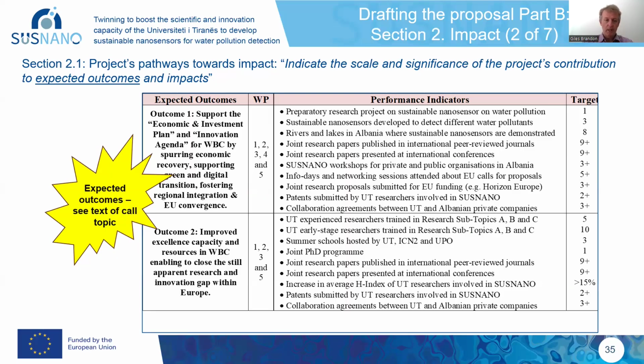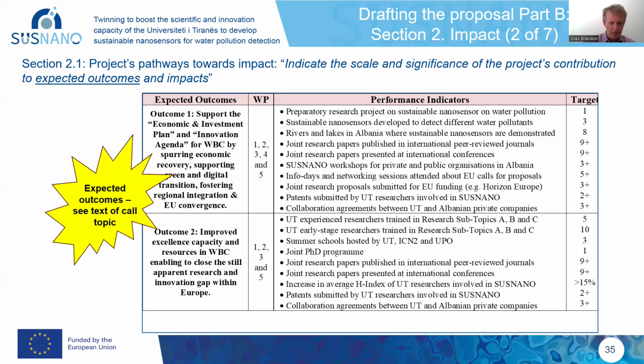What you see with this table is actually part of the table that was used in the SUSNANO proposal. There were something like 4 or 5 expected outcomes, and I'm only showing here the first 2.